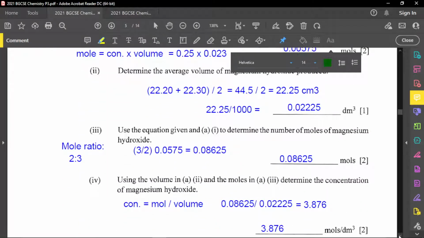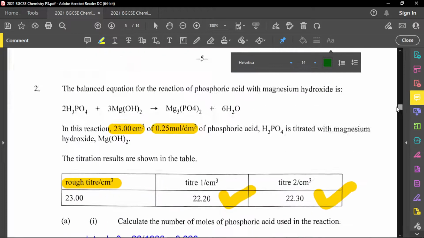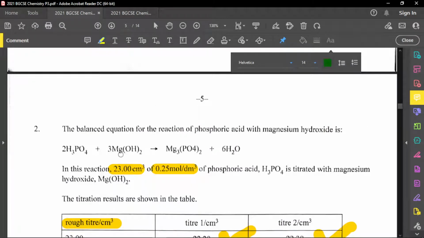Now for part 3, use the equation given in A1 to determine the number of moles of magnesium hydroxide. If you look at the equation, you realize there's a 2-to-3 ratio. Let's go back to the equation real quick right here. So it is a 2-to-3 ratio between the acid and magnesium hydroxide.